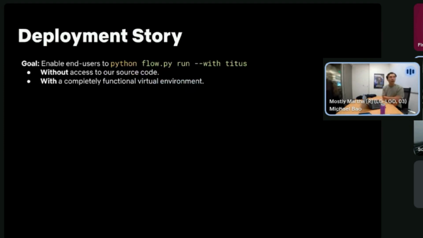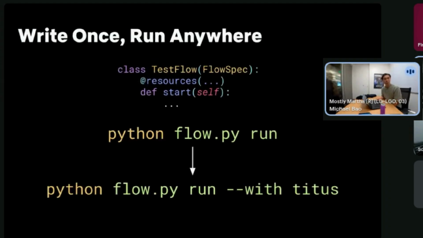I also think Metaflow came with a really attractive deployment story because effectively at the end of the day, while we do want to enable researchers to have this write once, run anywhere story, our end users don't have access to this flow or any of the accompanying libraries in source code form, so they can't necessarily run this as is.